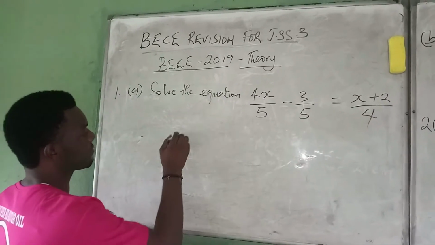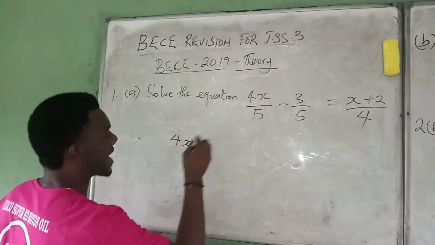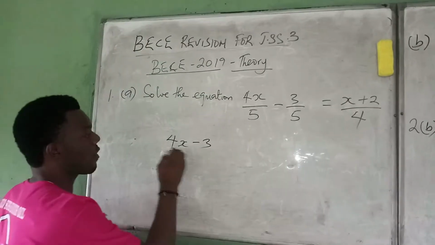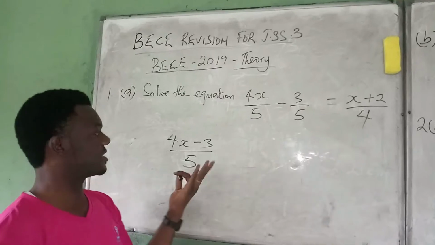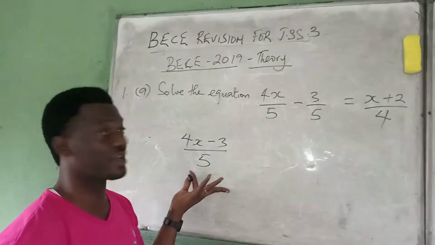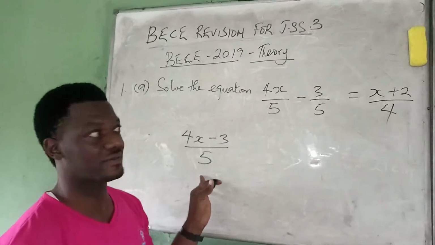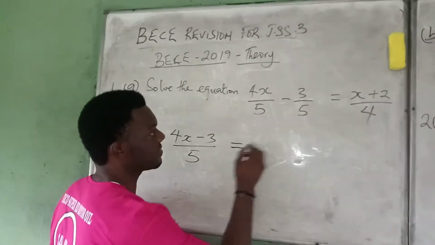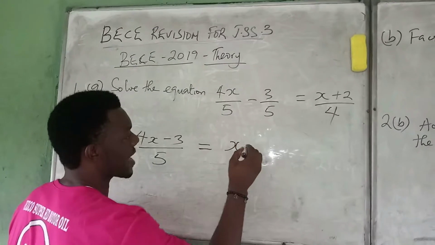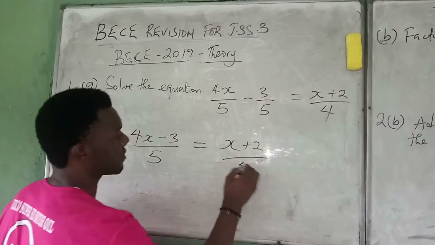Now what we have is 4x minus 3, maintaining that all over 5. So these two fractions we have made into 4x minus 3 all over 5, just because they have the same denominator, then is equal to x plus 2 all over 2.